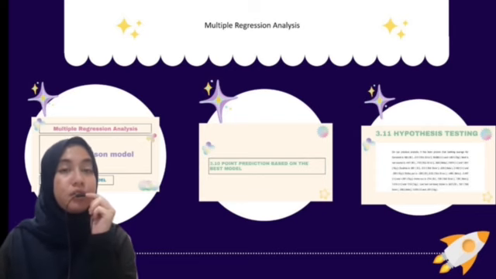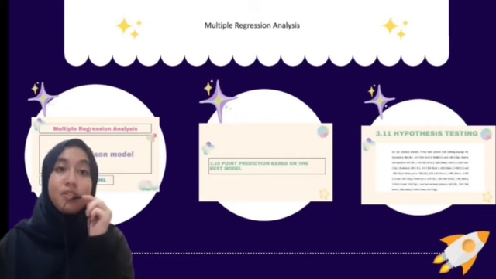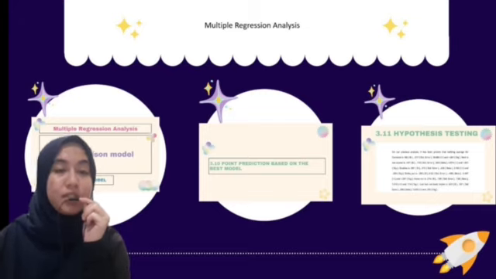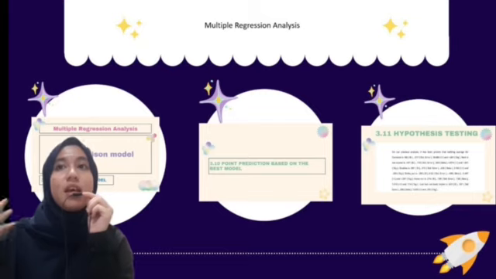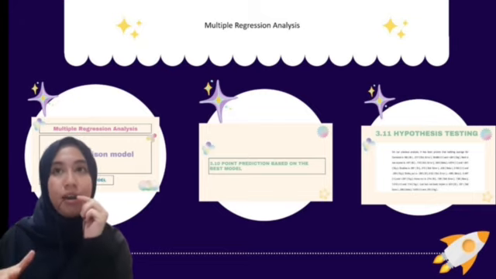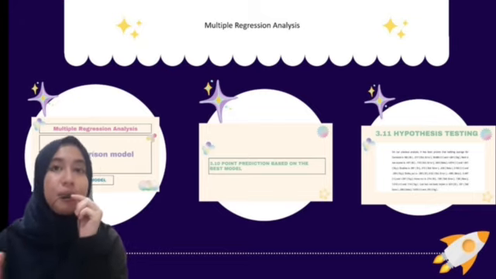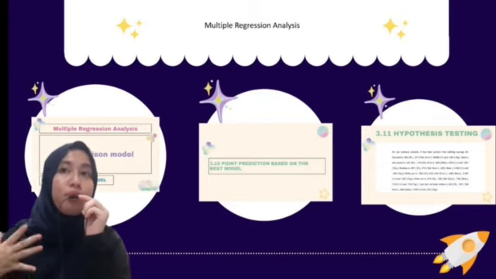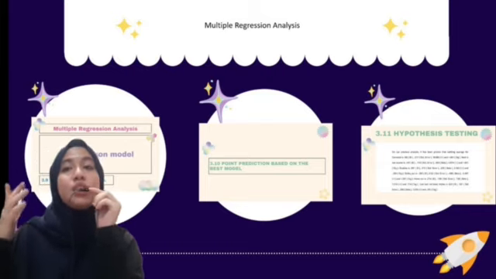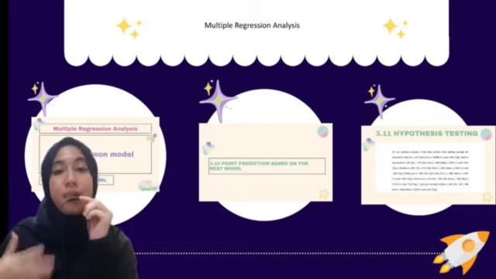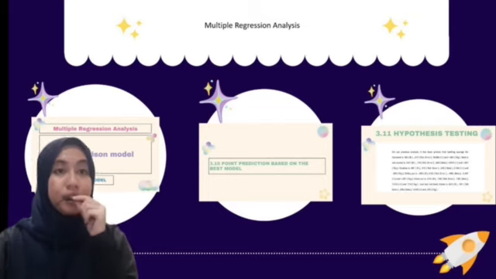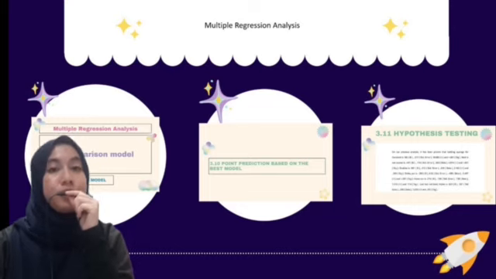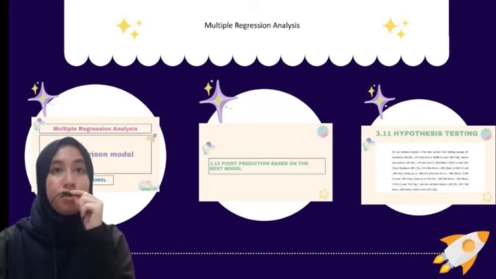Multiple linear regression analysis. The best fitted model that we have chosen is the comparison model. This is because this model can compare the explanatory power of two or more models to identify the model that best explains variance in Y. The second one is point prediction based on the best model.